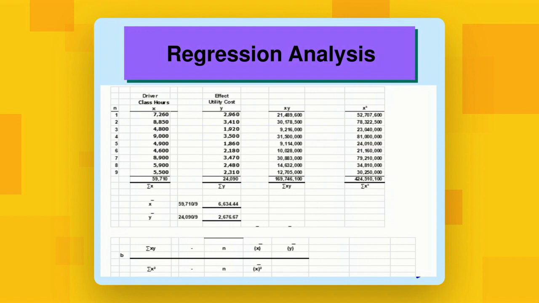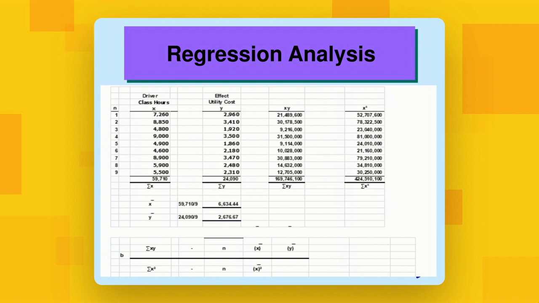So summation of Y is 24,090. Next one, XY. So, 7.2 multiplied by 2960, you have 29,489. Just multiply X and Y and add all.